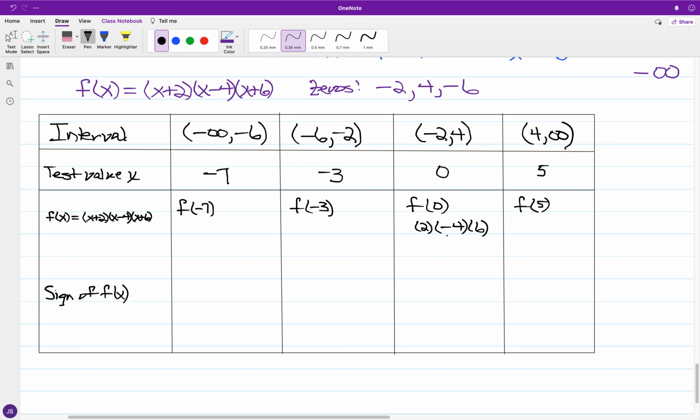So for this product, we're going to have negative 48. In the case of f of negative 7, we have negative 5. Negative 7 minus 4 is negative 11. Negative 7 plus 6 is negative 1. So we got 55 times negative 1, so the product is going to be negative 55.